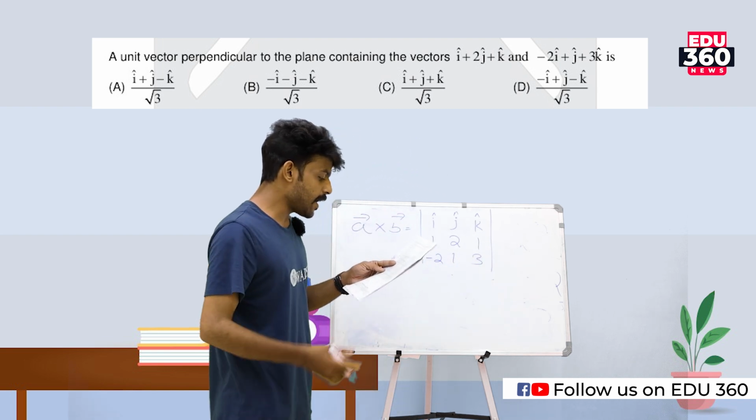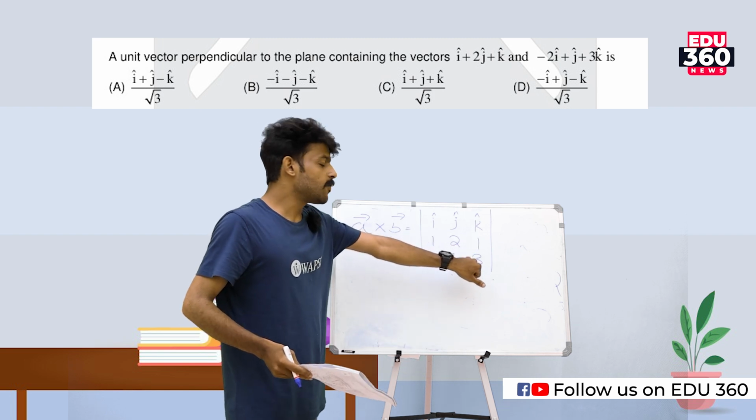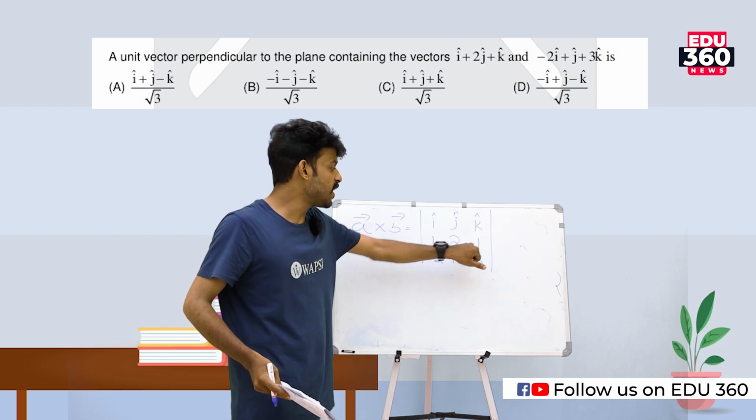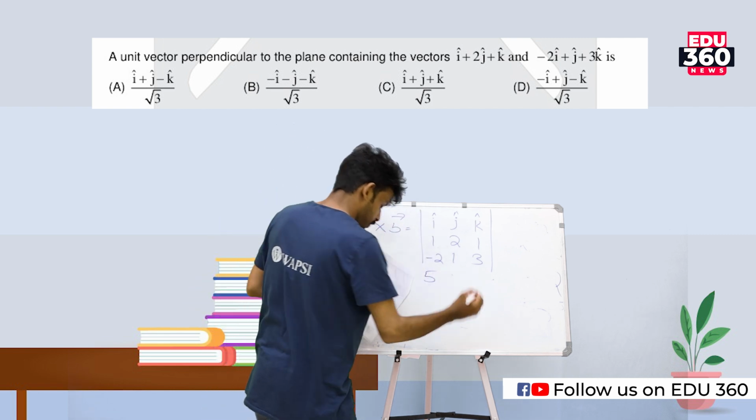Just multiply this: 2 into 3, 6 minus 1, that is 5.